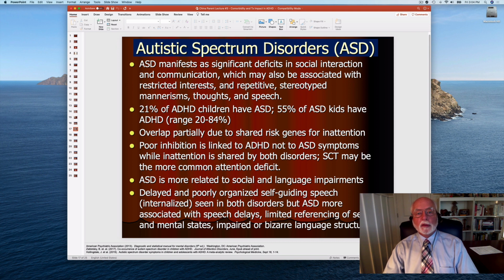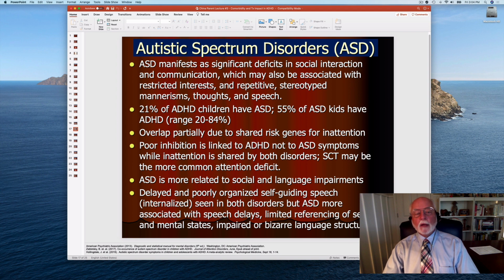We often see very rigid or inflexible thinking or patterns of repetitive, rigid, and inflexible speech as well. About 20% of children with ADHD may also have autism or ASD, but usually it's relatively mild when it occurs.